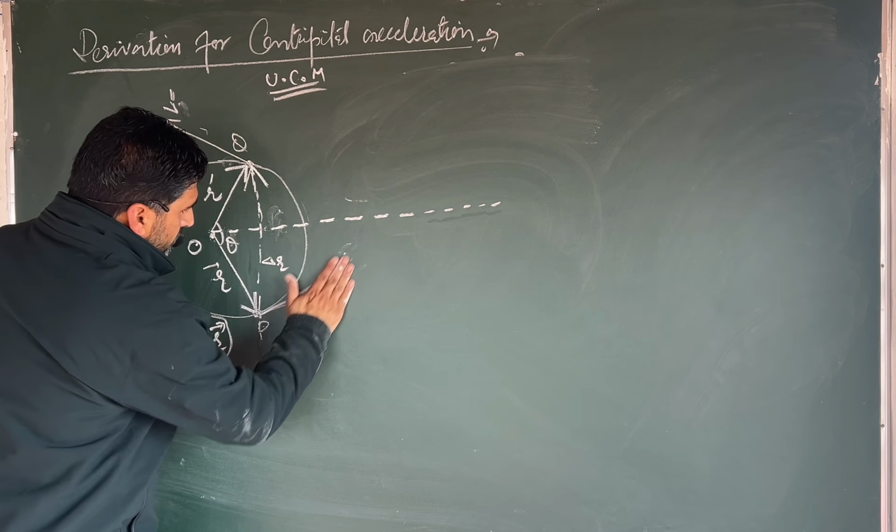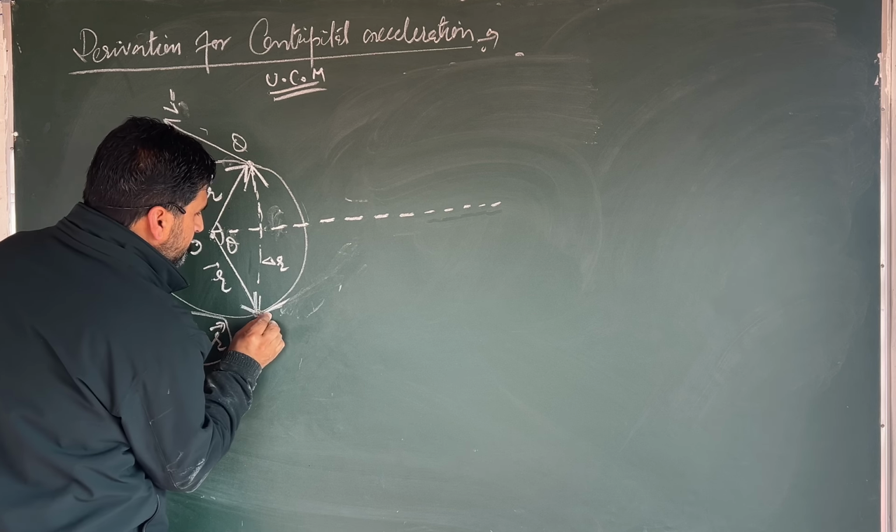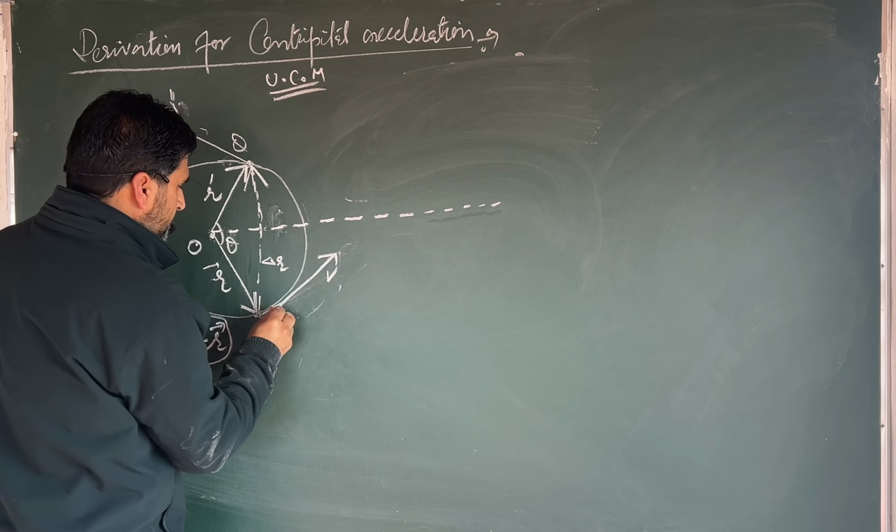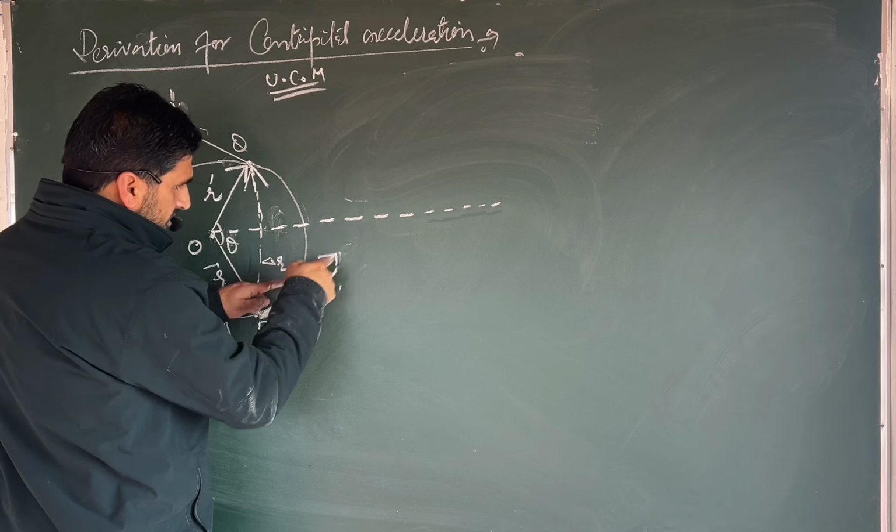This is a tangential vector v, the tangential velocity, this is the velocity part.